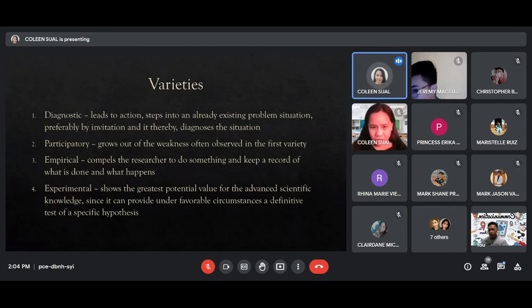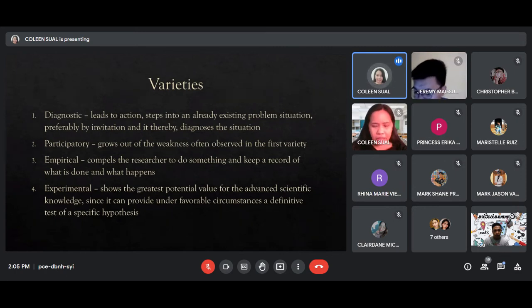Action research comes in various forms. We conduct research to identify the problem, to diagnose the situation. This perfectly describes what happened during the early forms of assessment, because assessment is also an action performed in research. Philippine Normal University was established in 1901.